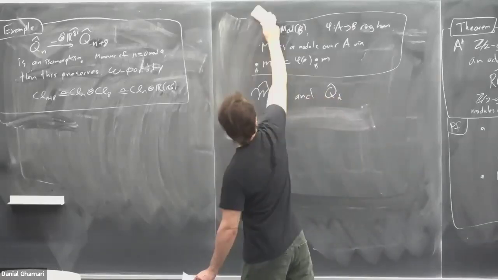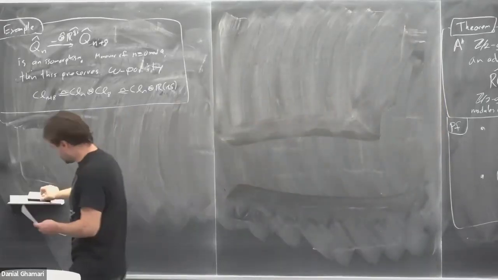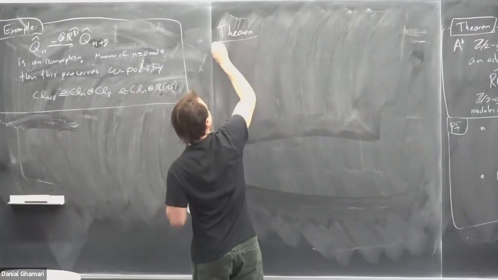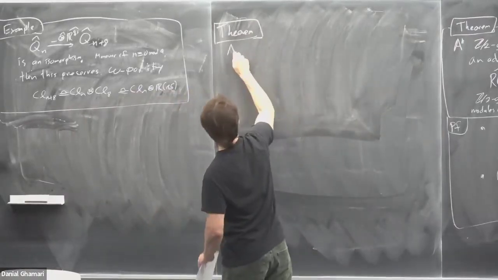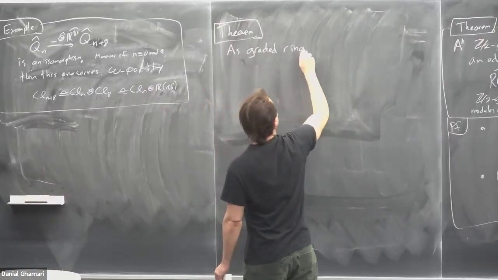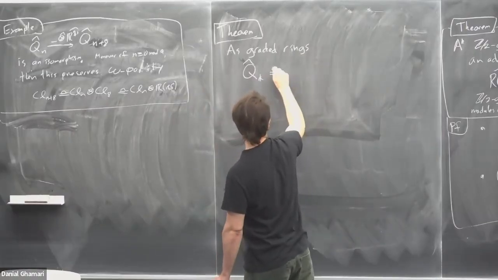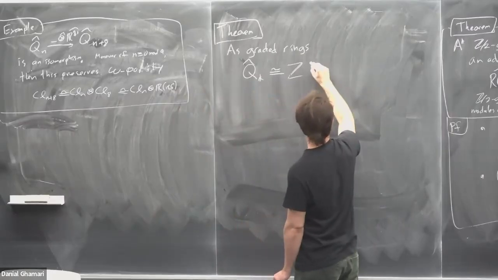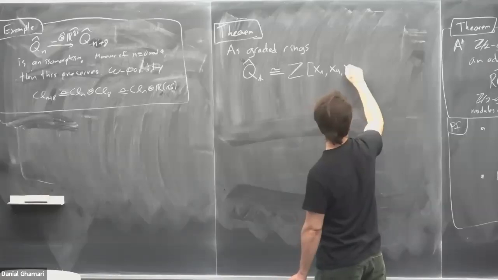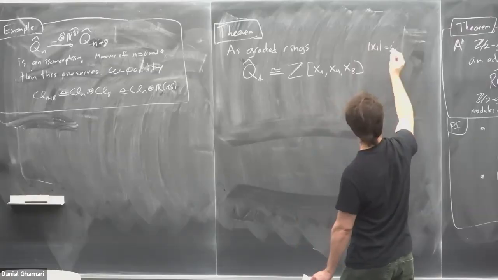Theorem: you have Q hat star isomorphic to the following. We start by adjoining 3 polynomial variables to the integers, where the degree of x_i is equal to i.